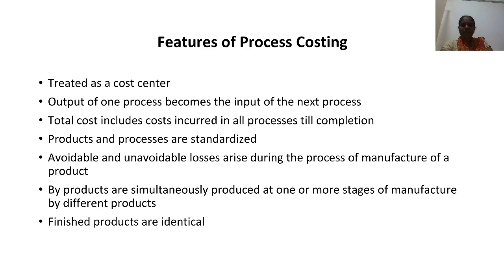Next one, the maintenance of accurate records of units and part units produced and cost incurred by each process. So the company has to maintain accurate records of the units and part units, the finished goods produced, and the byproducts produced. Next one is that the finished product of each process becomes the raw material, as we have seen initially, and so on until the final product is obtained.